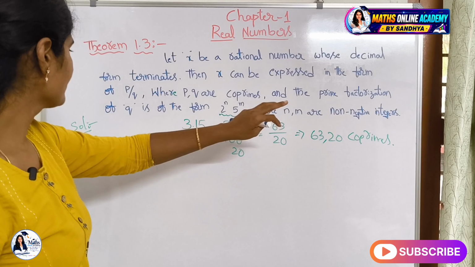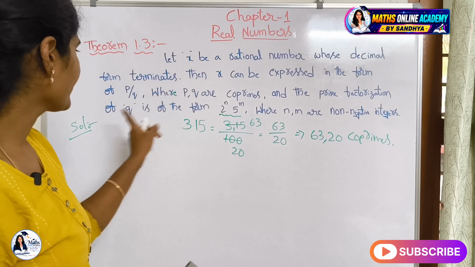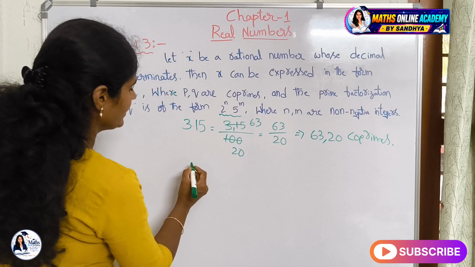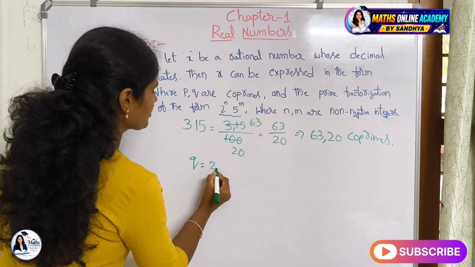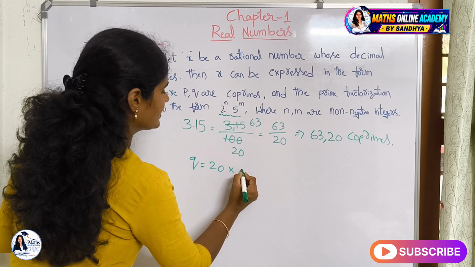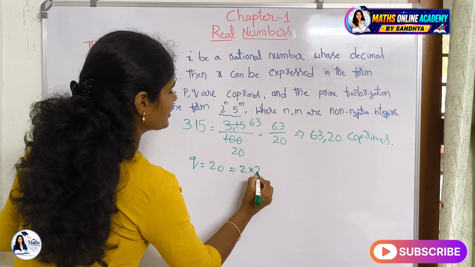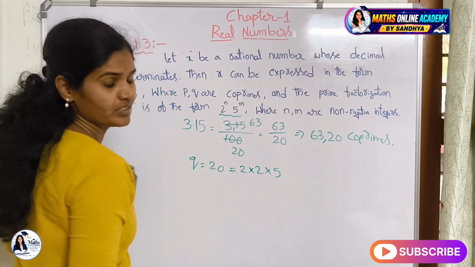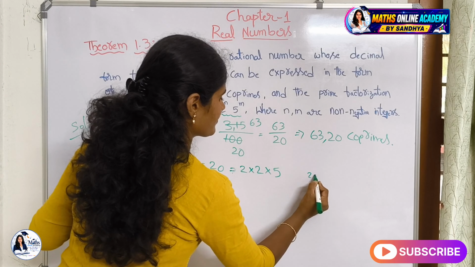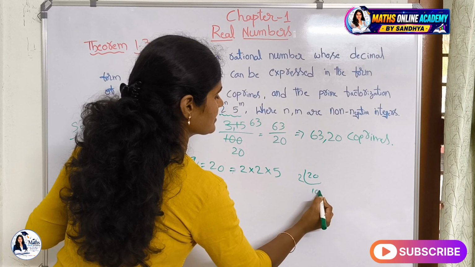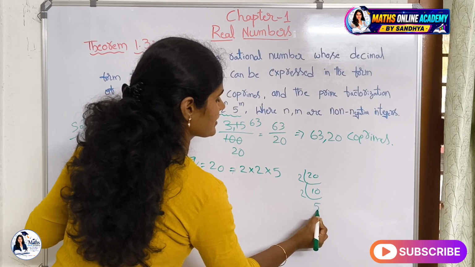And next, prime factorization of q. Here q value is 20. 20 you can write what? 2 into 2 into 5. See, 2 twos and a 5.